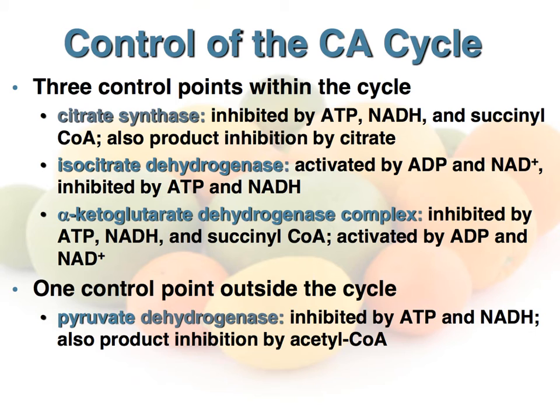So you have to understand the theory, or the reasoning behind it, I should say. The checkpoints are citrate synthase, isocitrate dehydrogenase, and alpha-ketoglutarate dehydrogenase complex, and then one outside the cycle, which is pyruvate dehydrogenase complex. If you forgot the word complex, it's fine too. I would know what you're talking about.